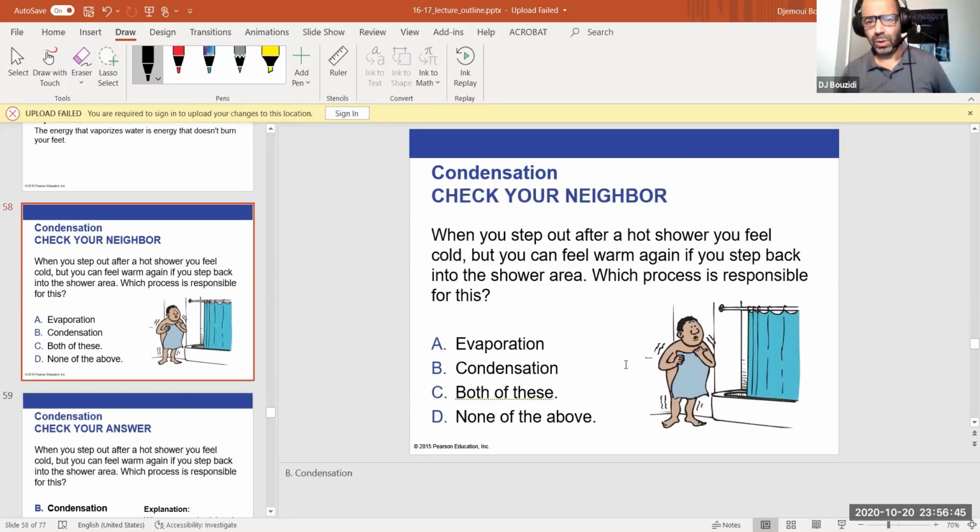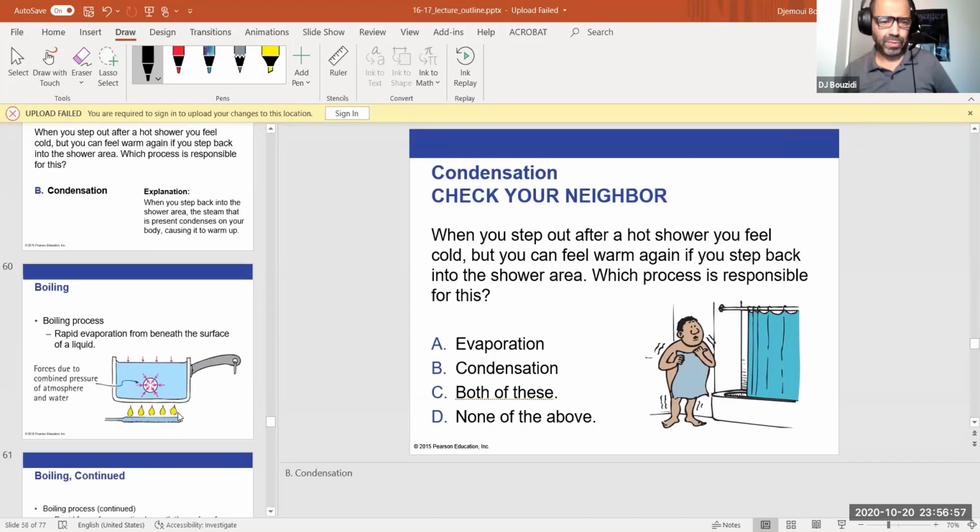And this is how you feel cold when you step out, because you are losing heat, in this case, to evaporation. I'm trying to move faster a little bit.